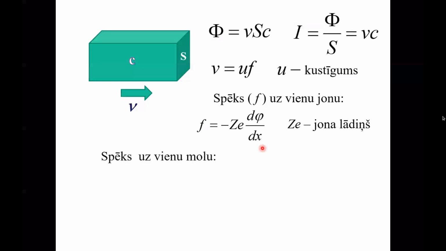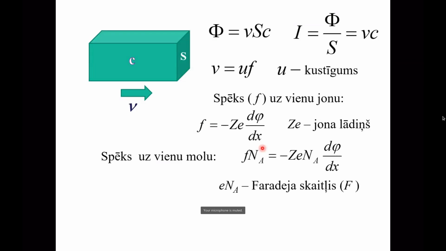However, if you speak about the ensemble of the ions, for instance 1 mole, we need to multiply this one with the Avogadro number. And so this is the force that acts on a single mole, and in this case we have the Avogadro number again.